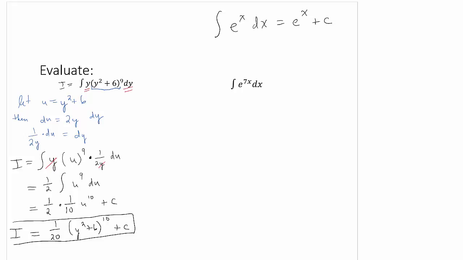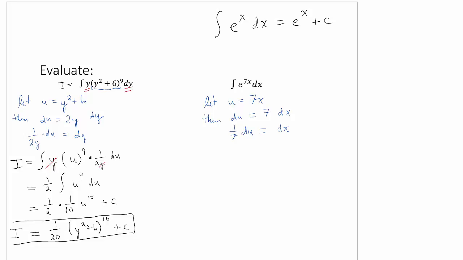So let's replace that 7x with our substitution. I will let u equal 7x. Then du is 7 dx. And then dx would be 1/7 du.